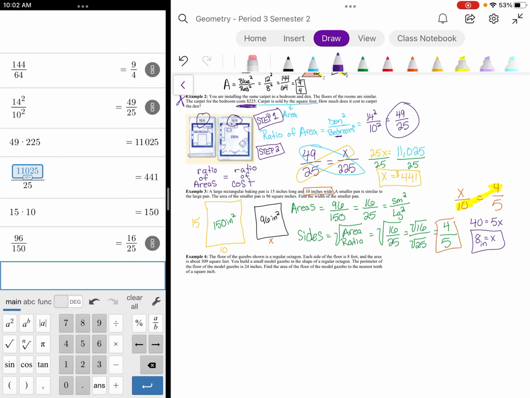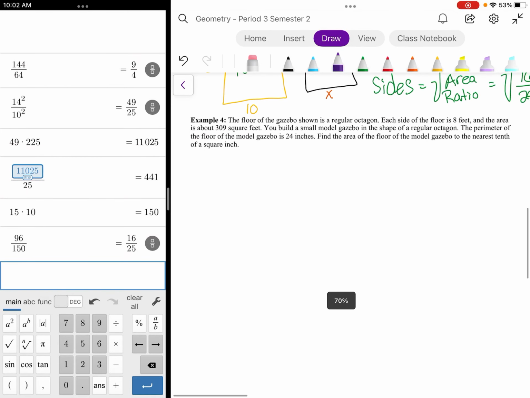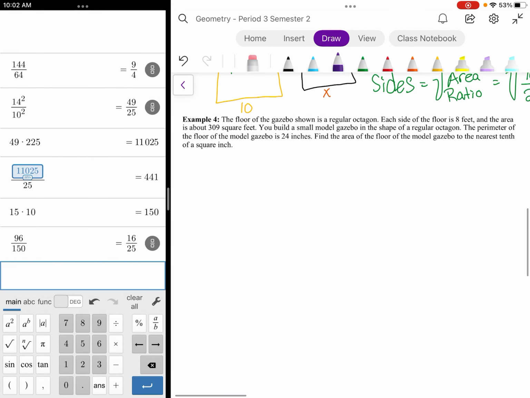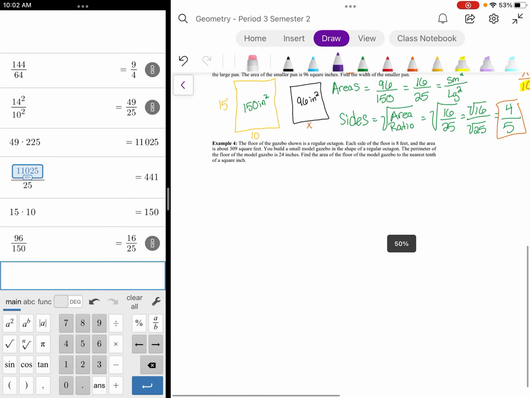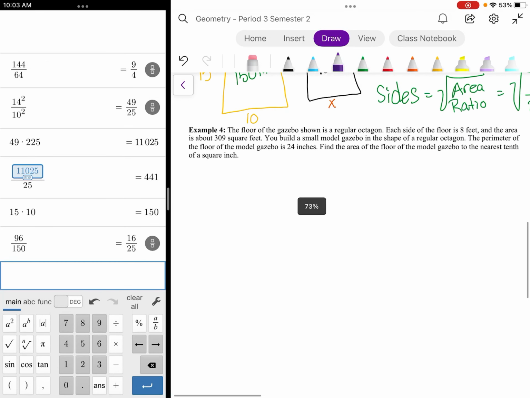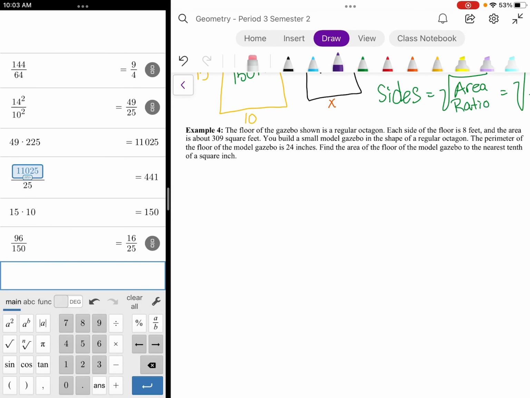One more example. The floor of the gazebo shown. Oh, we don't have our picture. Anyways, the floor of the gazebo is a regular octagon. Each side of the floor is 8 feet, and the area is about 309 square feet. So we know the side is equal to 8 feet, and the area equals 309 feet squared.